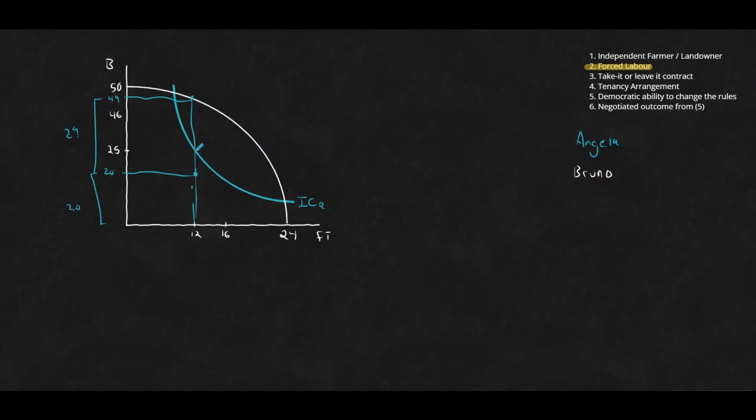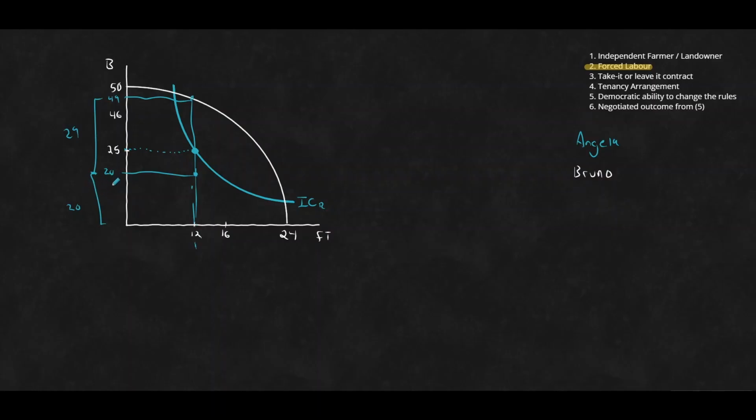In this case, Angela's reservation indifference curve is up here, meaning she would need, at 12 hours of free time, to be provided more bushels of wheat to make her indifferent between continuing to be subjected to forced labor or risk escape. And so in this case here, if Bruno were to set her free time at 12 and her compensation at 20, Angela would say, no, this is not worth this arrangement.